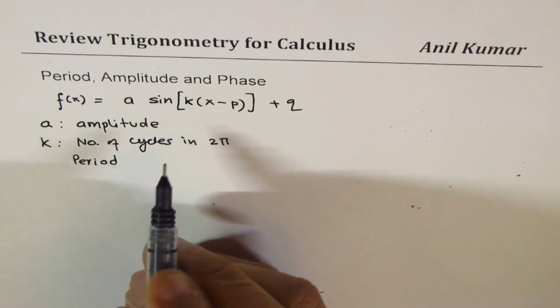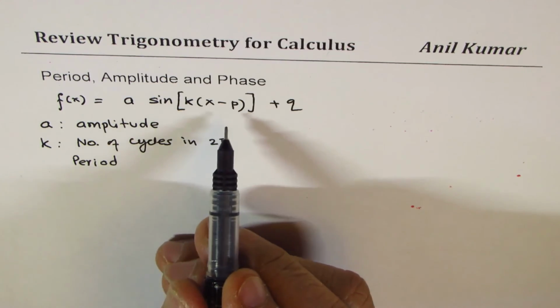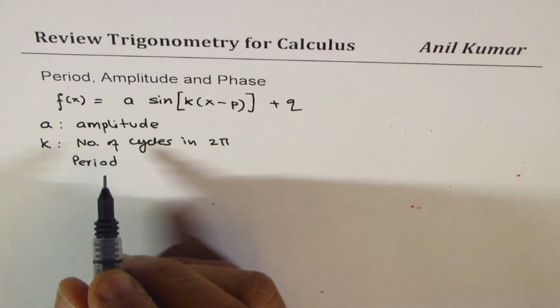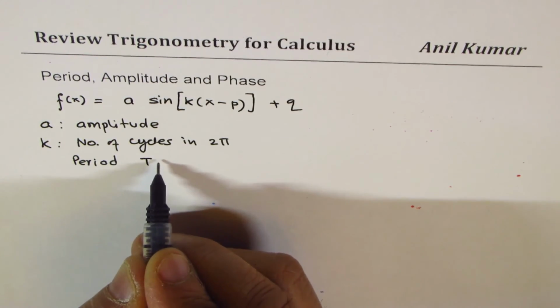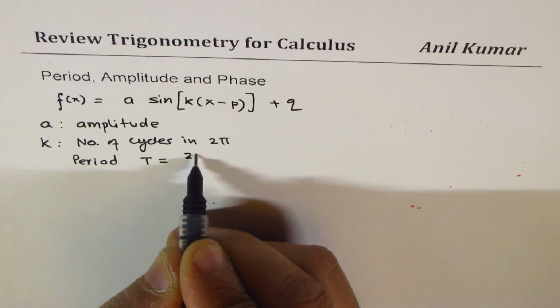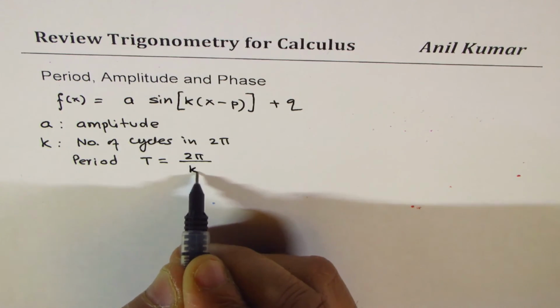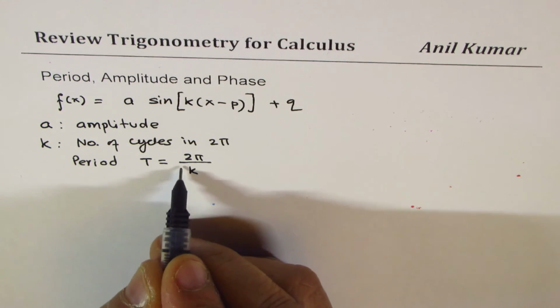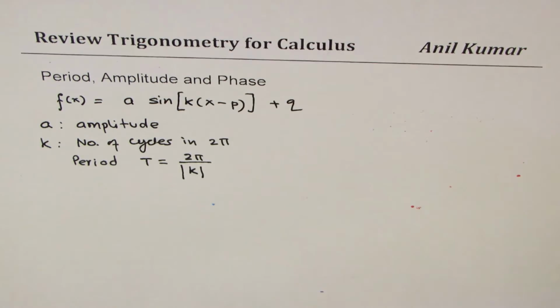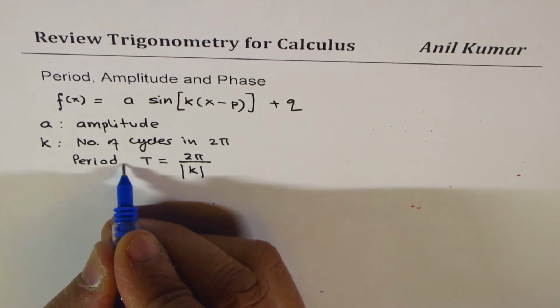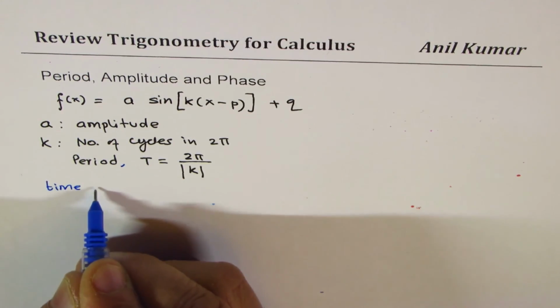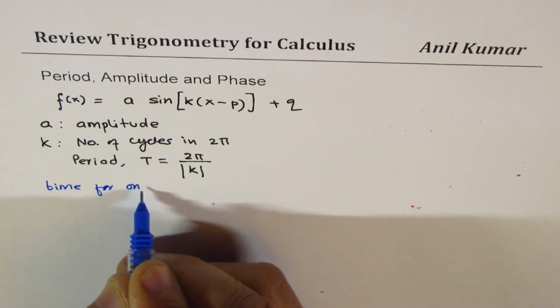So period is the number of times it is repeated, right? Or the time taken for one particular cycle. So period is time t equals 2 pi divided by k. Now period is always considered to be positive, and so we take the absolute value of k. Is it okay? So when I say time period, we are saying time taken for one cycle.